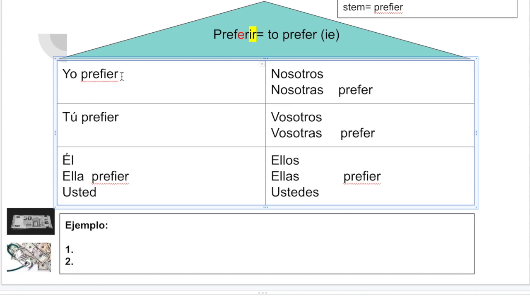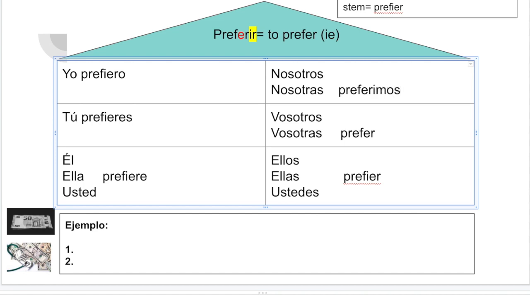Yo prefiero. So it's always O in yo. Good. Tú prefieres. It's the same as the other one. So we have O, es. Él, ella, usted prefiere. Good. So it doesn't change much. And this one changes.